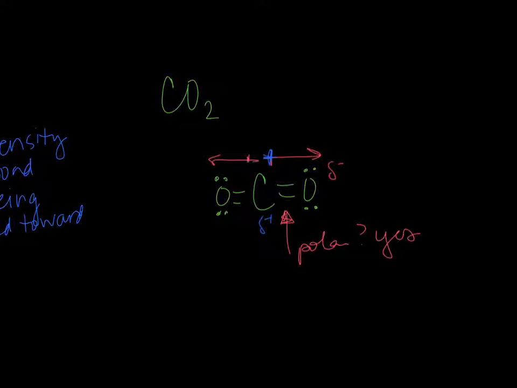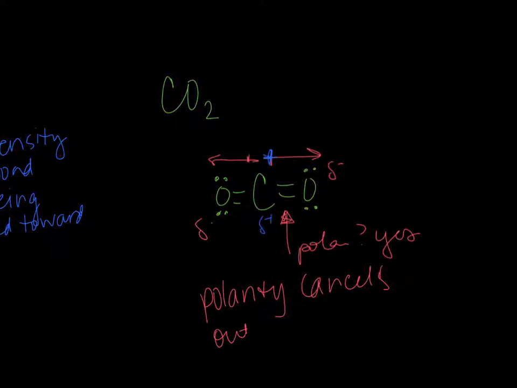Then that means that these two dipole moments, or the two polar bonds, are going to cancel out. And if the dipole moments or the polarity cancels out, then the molecule is nonpolar and there is no overall dipole.